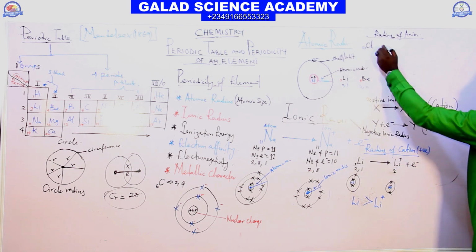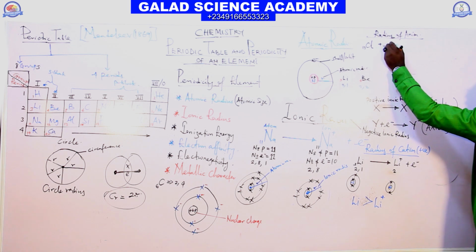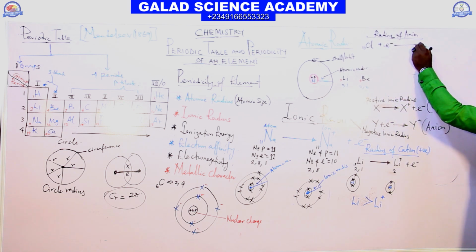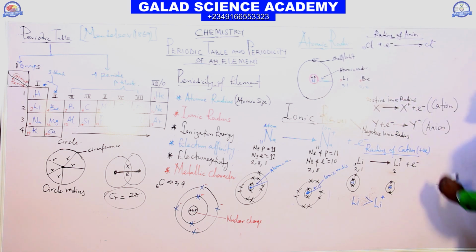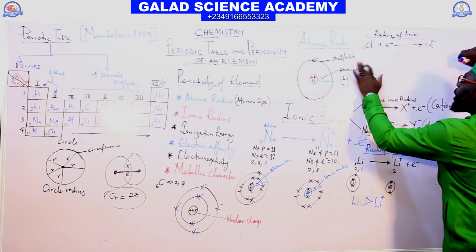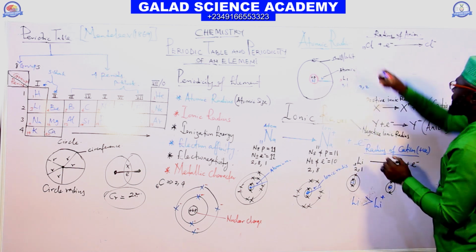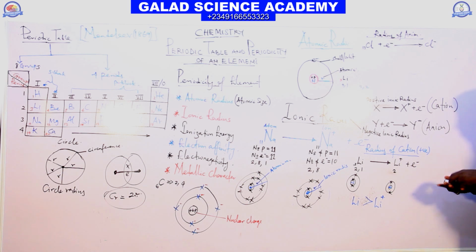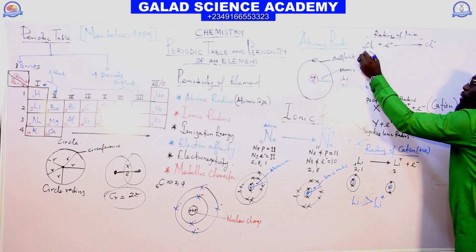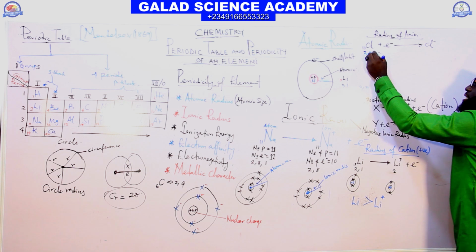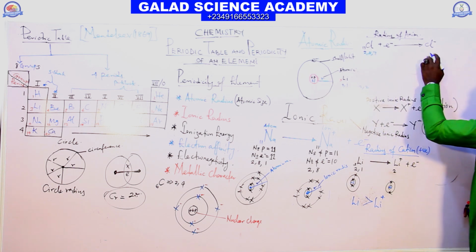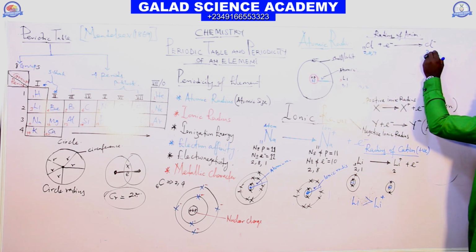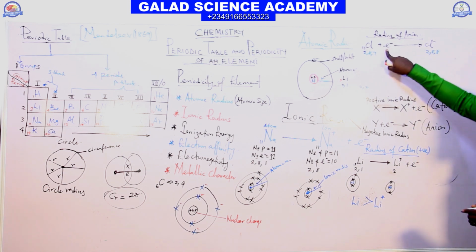When this chlorine is ionized by gaining 1 mole of electron, it will become Cl-. If you write out the configuration for this chlorine, we have 2, 8, 7. But here now we have 2, 8, 8. You can see that it is gaining 1 electron here.